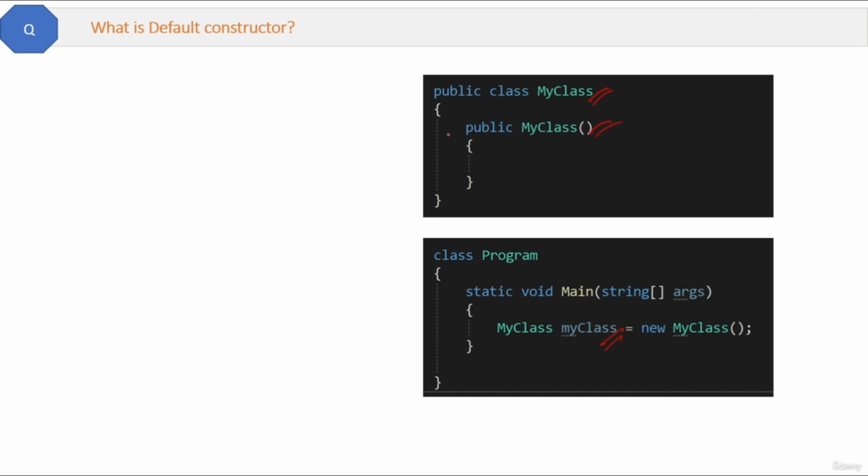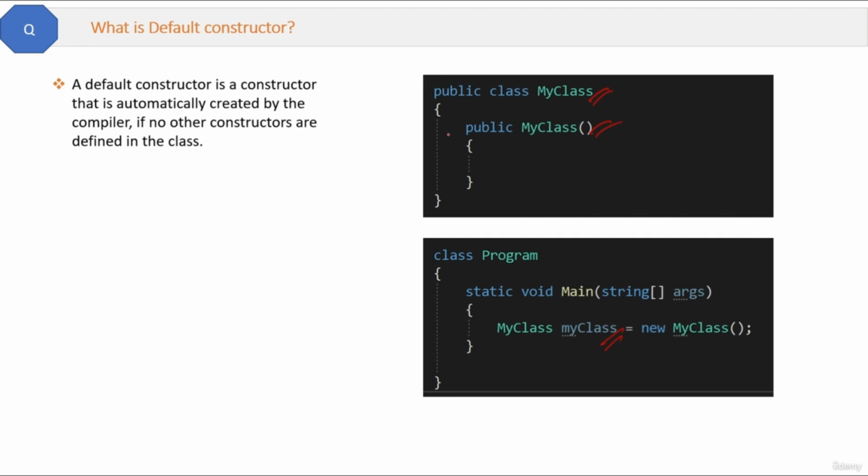So the definition is a default constructor is a constructor that is automatically created by the compiler if no other constructors are defined in the class. Remember, if you define some other constructor like a parameterized constructor, then the compiler will not generate the default constructor for you. That's the default constructor.